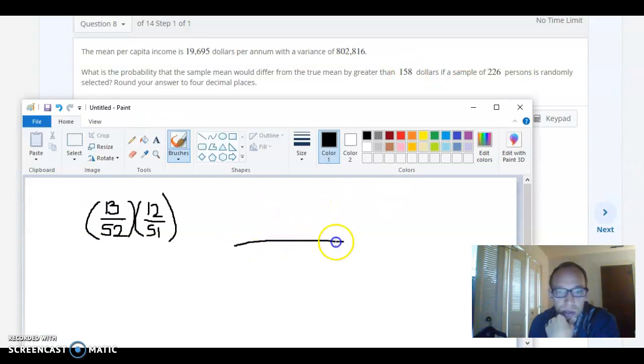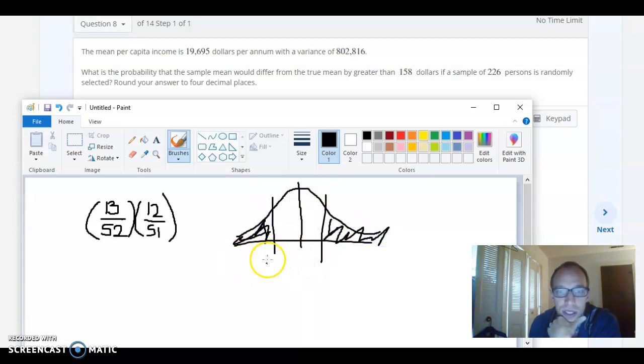So just to draw a real quick picture of what's happening there, you have the mean here of 19,695. And you want the area out in these two tails. So use the formula to figure out what your Z value is here. Use the standard normal table, or your calculator, to figure out what this portion is, and then double it.